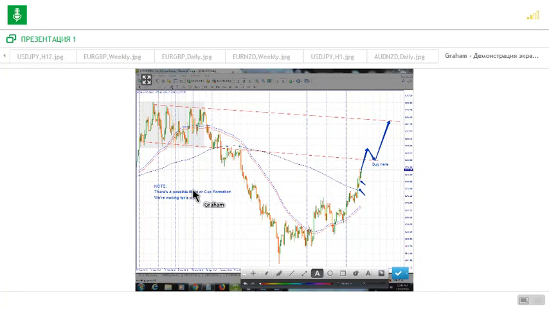We are waiting for a possible break above the immediate trend line to pick a buy order towards the upper trend line.